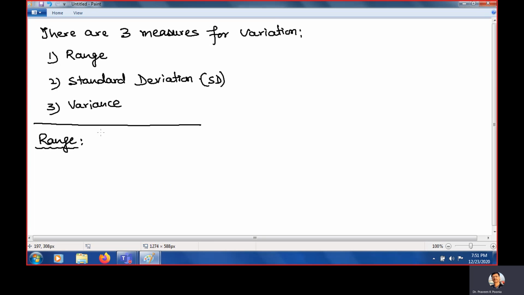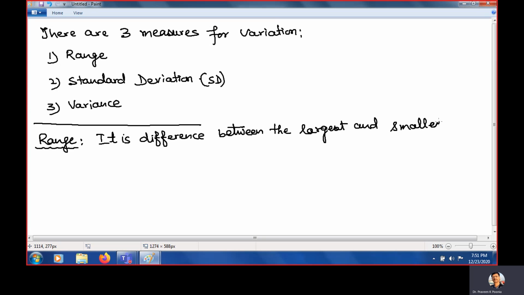Range is the difference between the largest and smallest data value in a given data set.